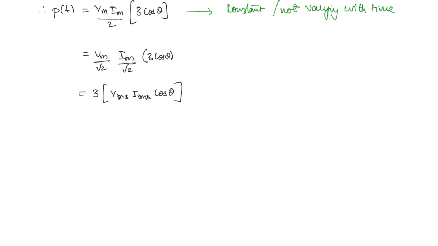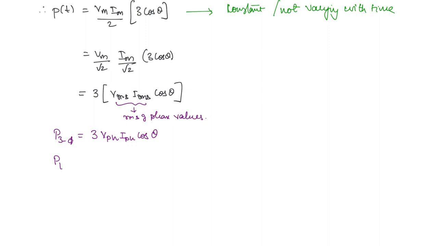So the 3-phase average power you can write as 3 times V phase I phase cos θ. You can see that these RMS values are of phase values, because we took the phase voltages. This is for a star connection, but for delta connection also you will get the same result.